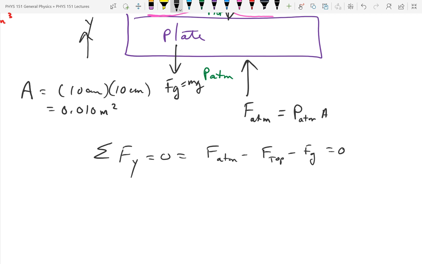And so now I can solve this and say that the force of atmosphere is pressure atmosphere times A minus 0 times A. I'll put force top still. Factor out the A.